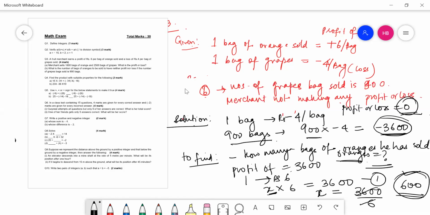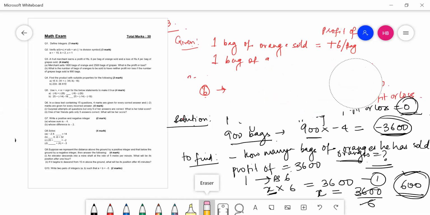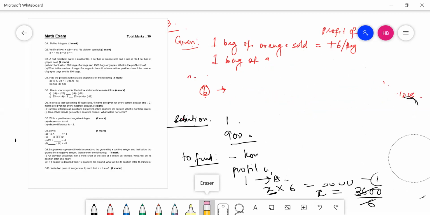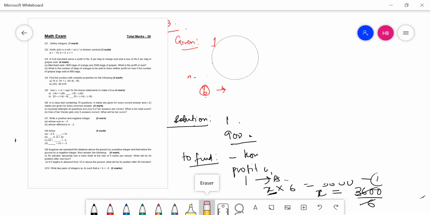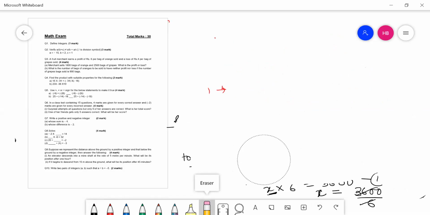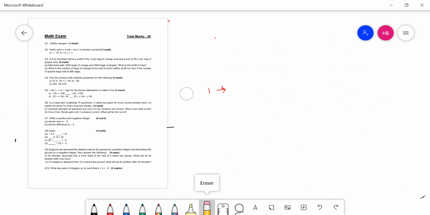Understood? Now let's see question number 4 quickly. Question number 4 is saying find the product with suitable properties for the following. So you have to apply the suitable properties to find these products. For the first question, just give me a minute.